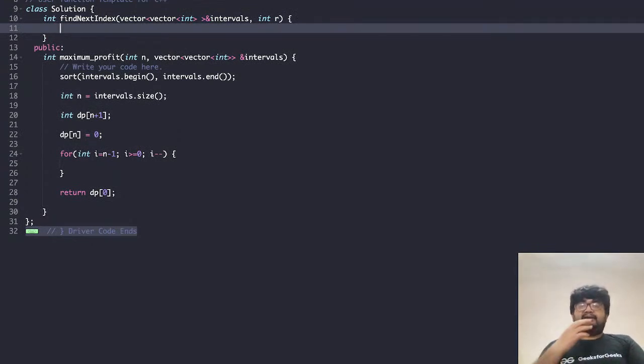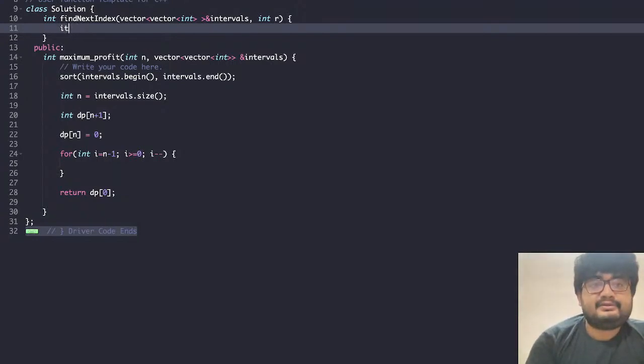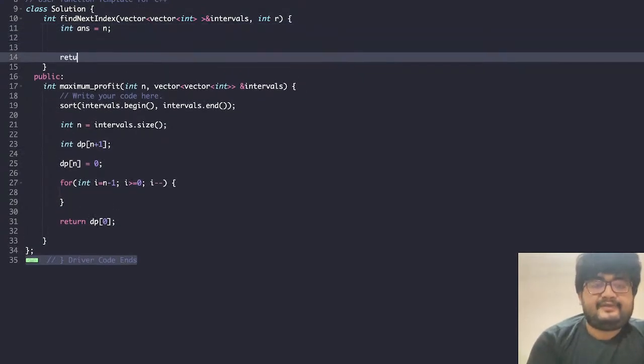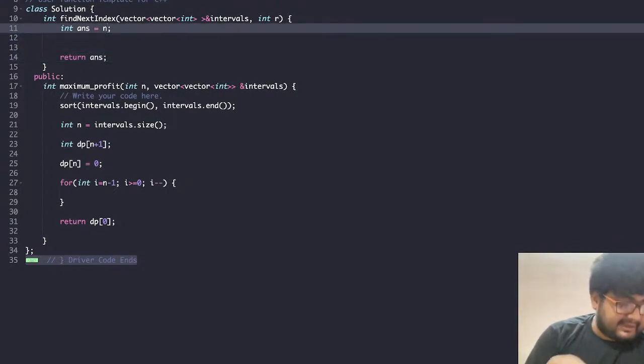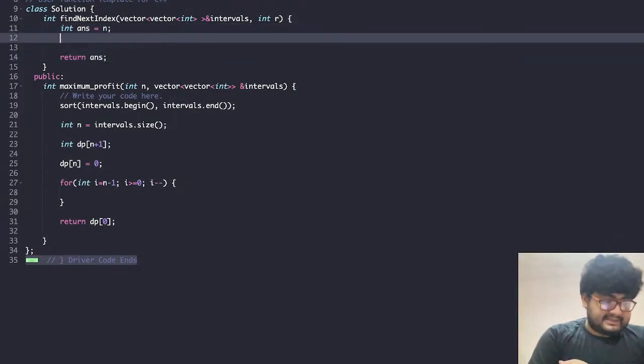We have to find the first interval which is greater than or equal to r. So int answer equals n by default, and we'll return answer. So n means if there is no interval which has its L value greater than the R, in that case we'll return this answer, right?